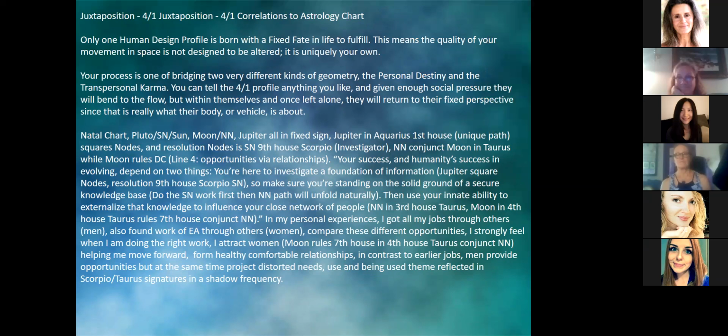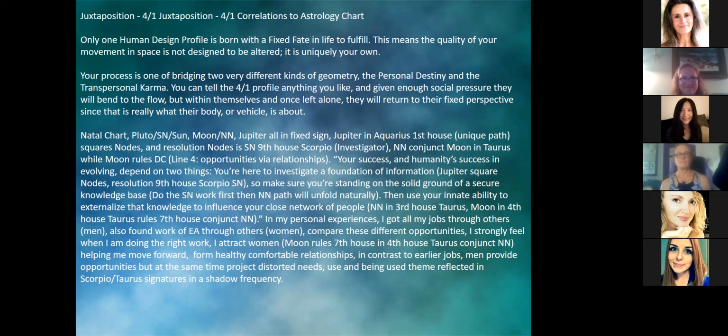So I really like this quote: you can tell the 4-1 profile anything you like, and given enough social pressure, they will bend to flow. But within themselves, once left alone, they will return to their fixed perspective, since that is really what their body or vehicle is about.